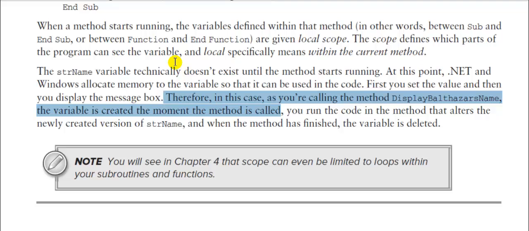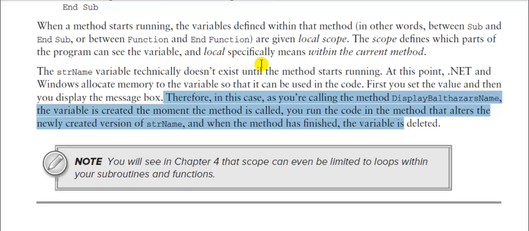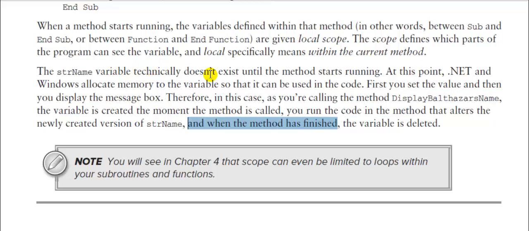You run the code in the method that assigns a value to the newly created version of string name. And then when the method has finished, the variable is actually deleted. Windows deletes that variable or takes away that reserved memory for it.